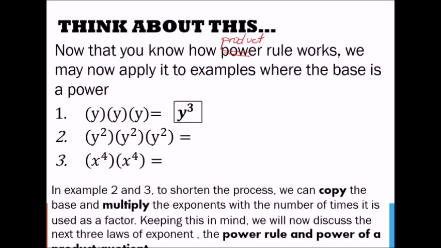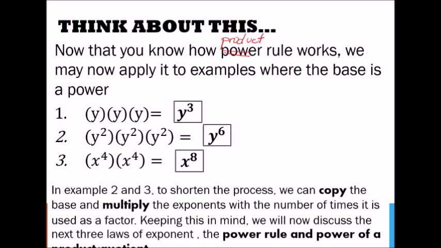Applying the product rule, we copy the base, so magiging y siya. Then, 2 plus 2 plus 2, so you will have y to the 6th power. Then, for the third one, x to the 4th times x to the 4th. Copy the base x. Then, 4 plus 4. Therefore, our answer is x to the 8th.